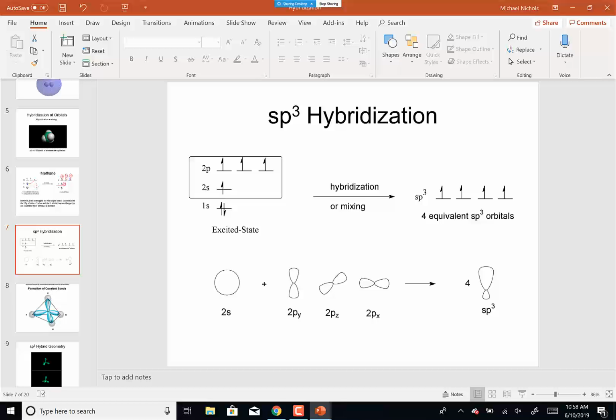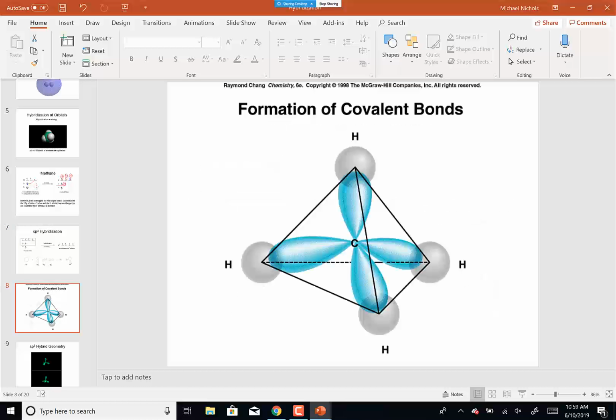So I'm going to make 4 orbitals, 4 clouds of electron density. So what geometry should it have? If I've got 4 balloons, what geometry will be around that carbon? Tetrahedral. So it's going to be a tetrahedral geometry, and it's going to look like that.